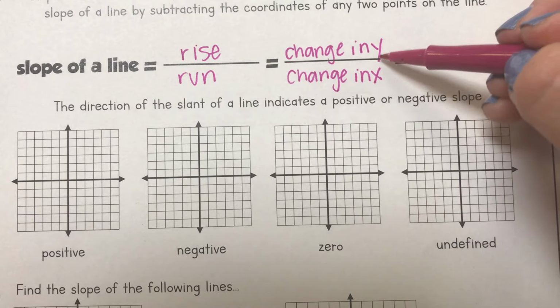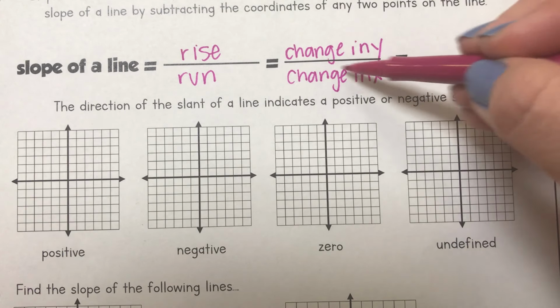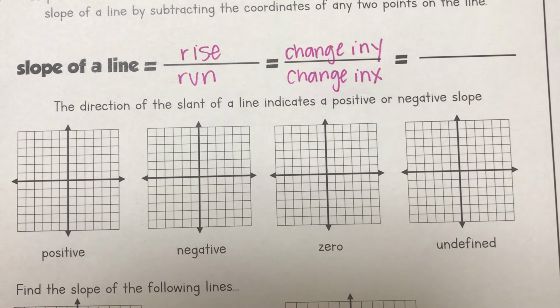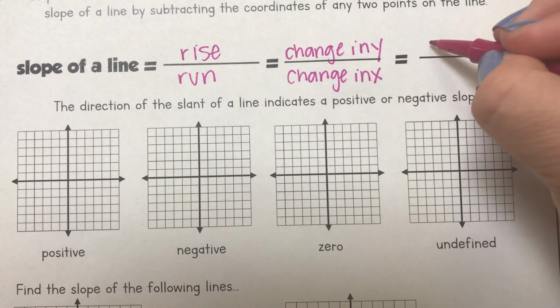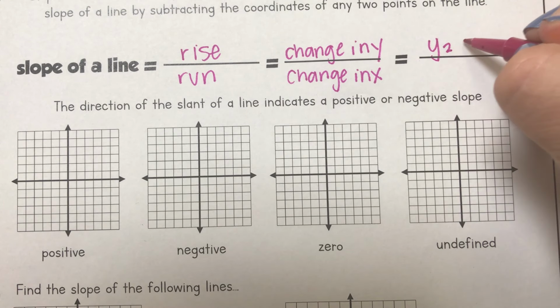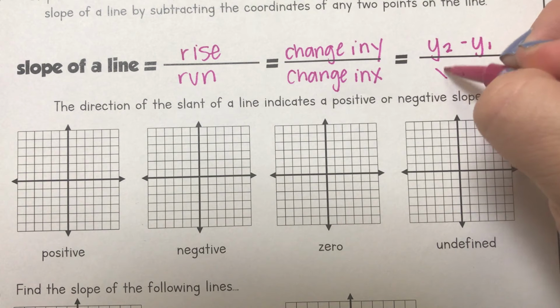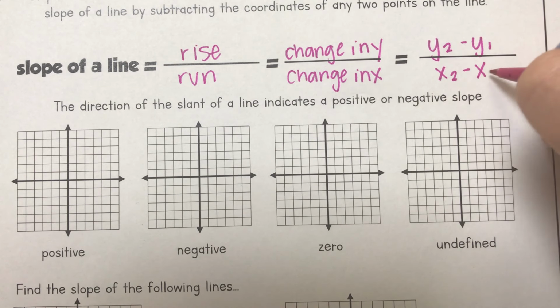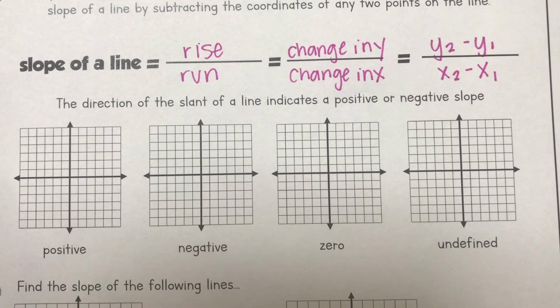So rise is how much your y is changing, run is how much your x is changing. And so we're actually going to learn a formula, y2 minus y1 over x2 minus x1. And I will explain all of that as we move along here.